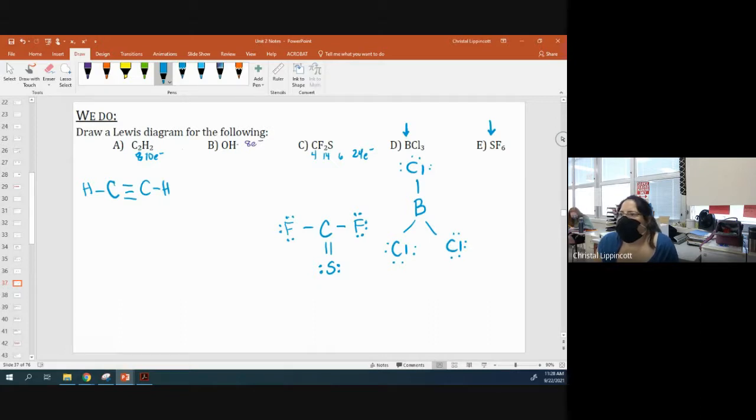And then I'm going to do this one down here because I ran out of room. 1, 2, 3, 4, 5, 6. Chlorine, chlorine, chlorine, chlorine, chlorine. 6 times 7 is 42. So this is 48 electrons here. 1, 2, 3, 4, 6.